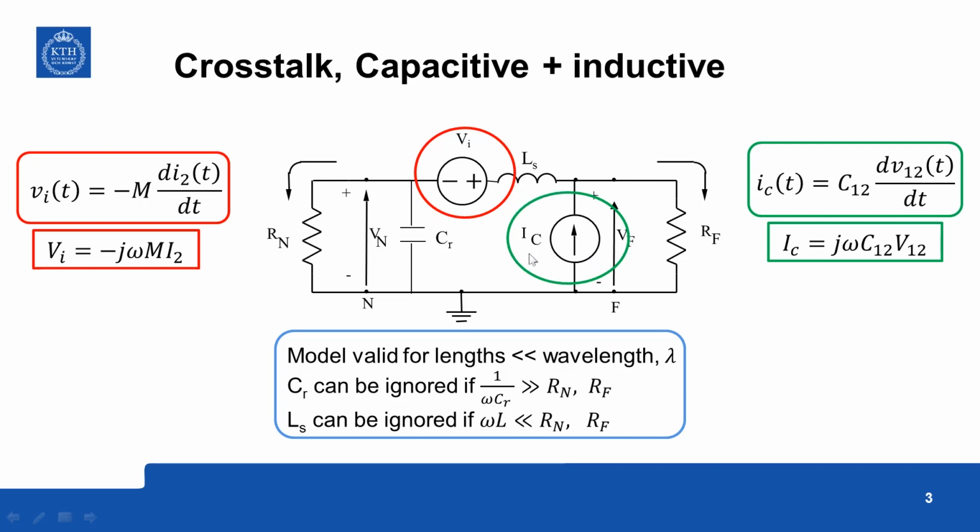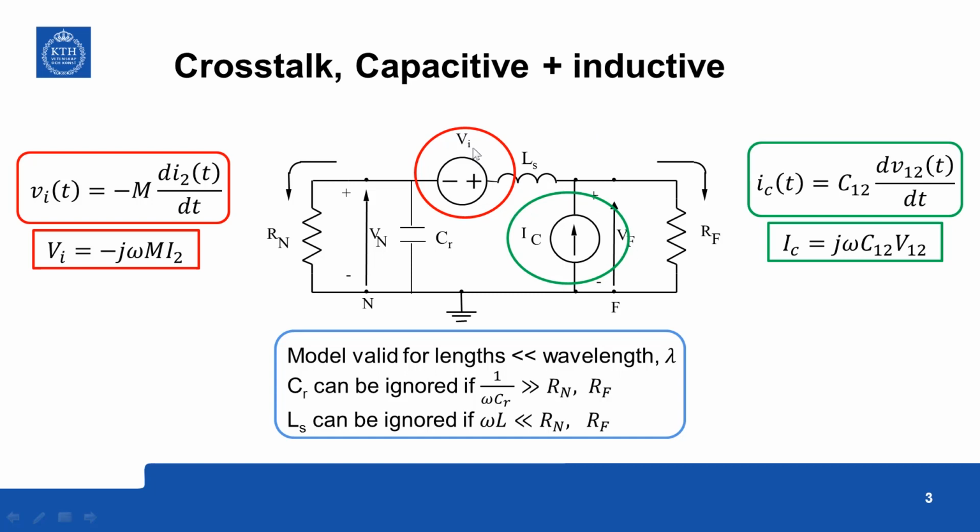Ignore this part IC, and then what you get is the model for inductive coupling. And if you ignore this source Vi, then you get the situation representative for capacitive coupling.